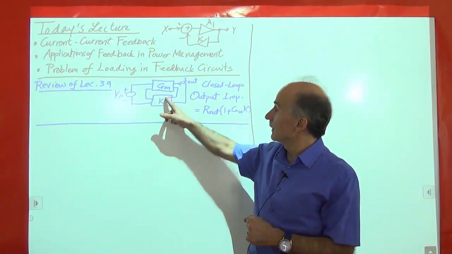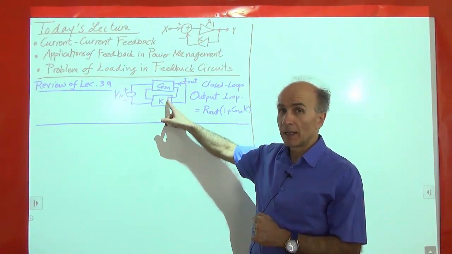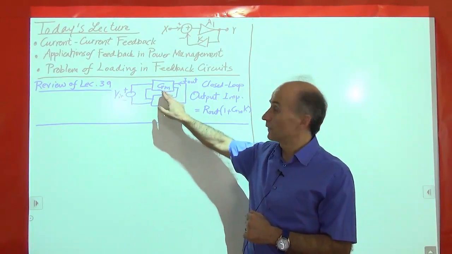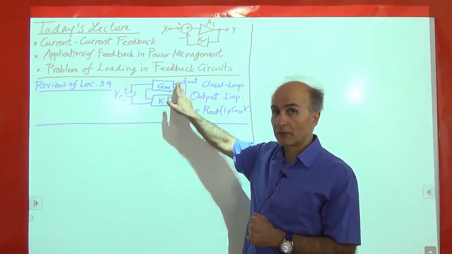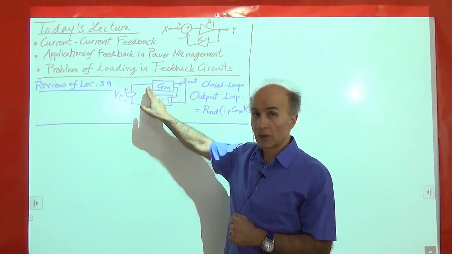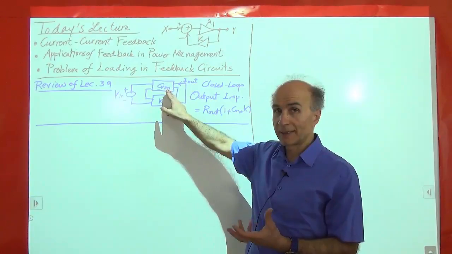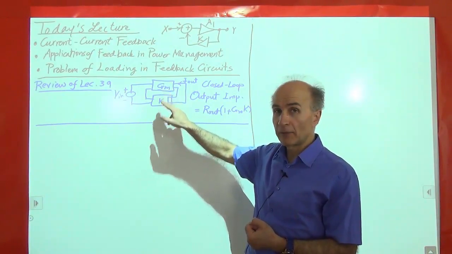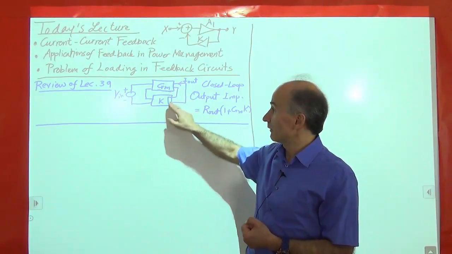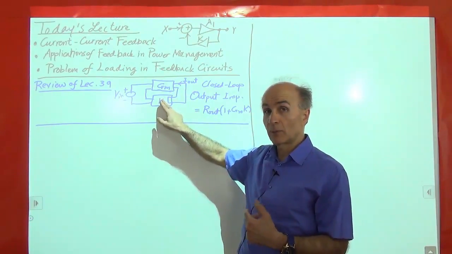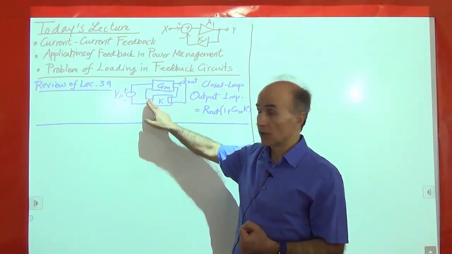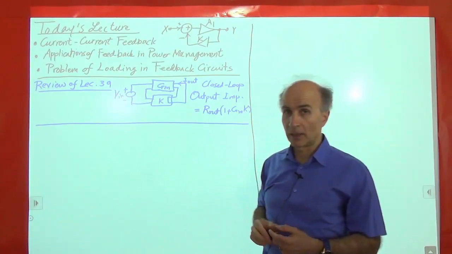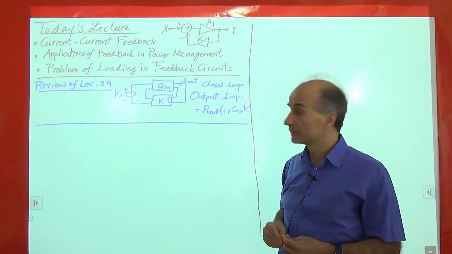We finished up with the third feedback topology, namely current-voltage feedback. And we saw that the feed-forward amplifier generates a current in response to a voltage. So we call this a transconductance amplifier with a gain of Gm, and the feedback network measures this current and, in proportion to it, generates a voltage here. And now these voltages have to add up in series and be applied to the feed-forward amplifier.